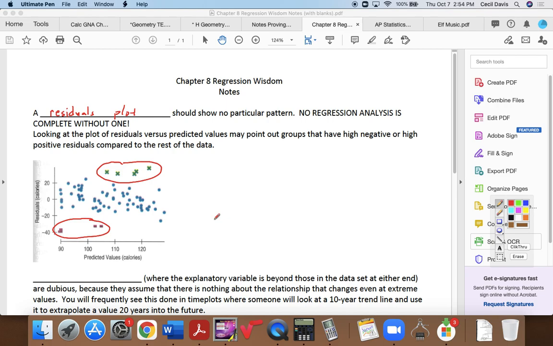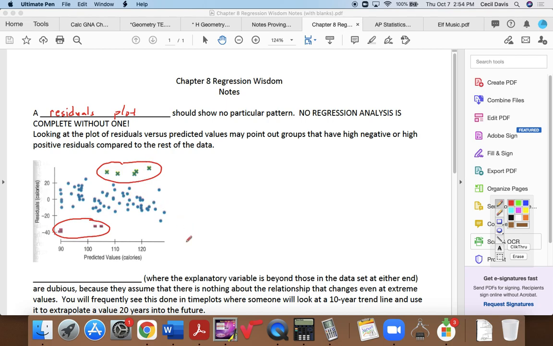You may actually have 3 different groups that you should be separating out and giving a different equation for each type. Does that make sense? So it could be that these need to have a different equation than this data. And these need to have a different equation than either of the others.